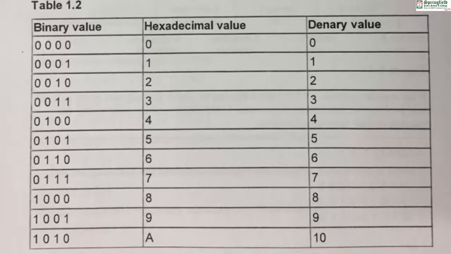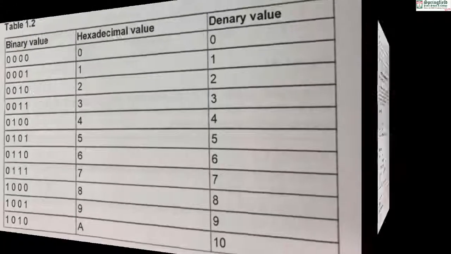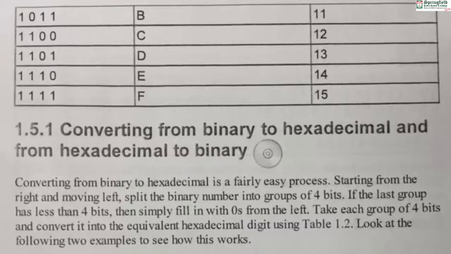But we can see that when it comes to the point after 9, at position 10, it is converted into A. 10 equals A in hexadecimal, and after that 11 equals B, and 12 equals C, going on till F, which equals 15.